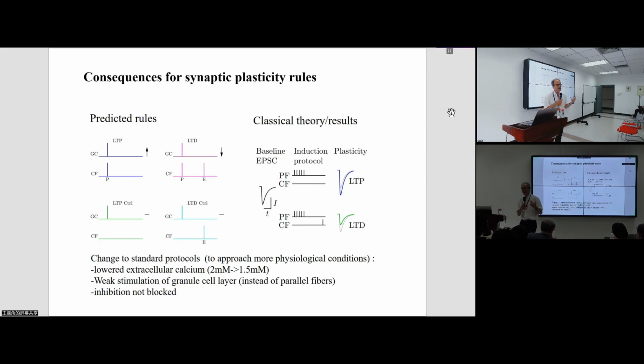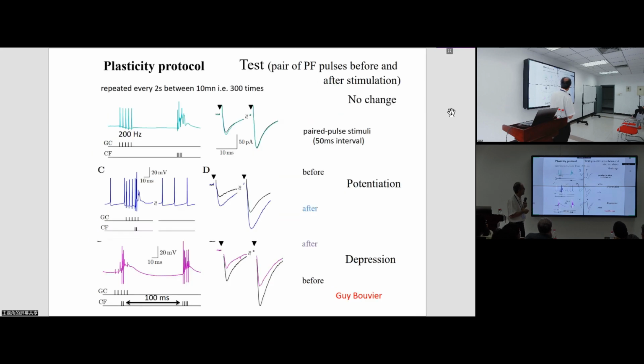the calcium is usually a bit high, and all these plasticity rules depend on calcium. Maybe the calcium was a bit high, and usually inhibition is blocked in this experiment, so Boris Barbour and collaborators decided to redo this experiment with lower calcium, weaker stimulation of the granule cell, and not blocking inhibition, all things that would diminish the calcium entry in the Purkinje cell.